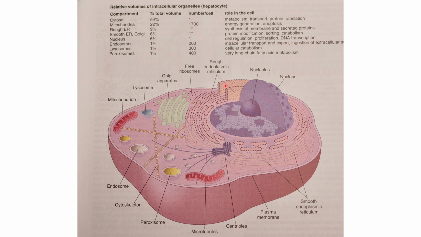So this is a schematic of the cell with the rough endoplasmic reticulum and the centrioles, which are involved in contraction functions. The mitochondria are out here. There are peroxisomes, which are involved in degradation.